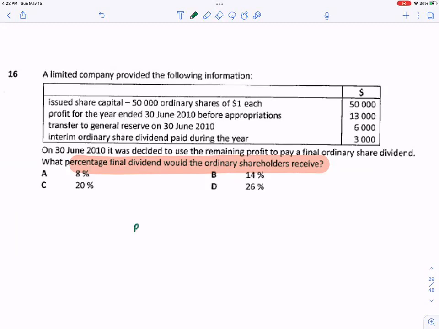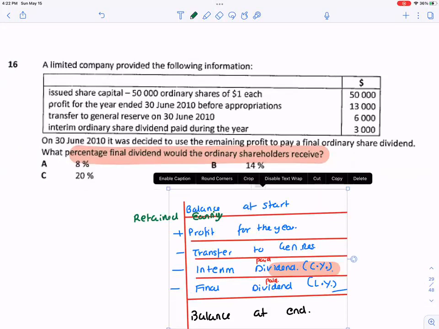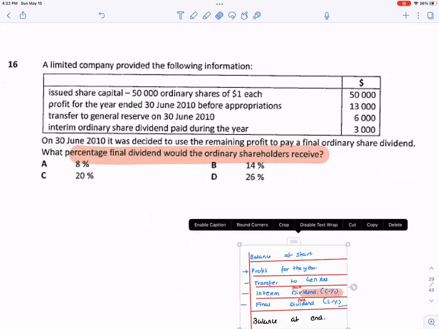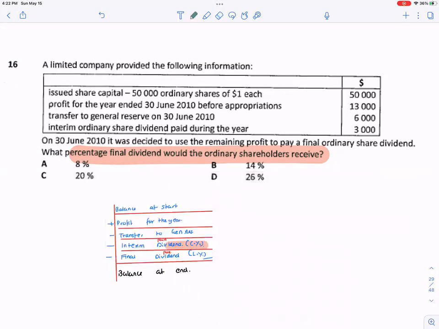What is my retained earnings section? Do I have any balance at the start? No, I don't have. Do I have profits for the year? Yes, 13,000.